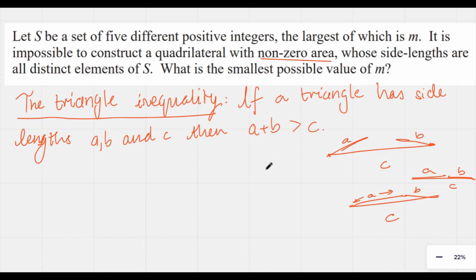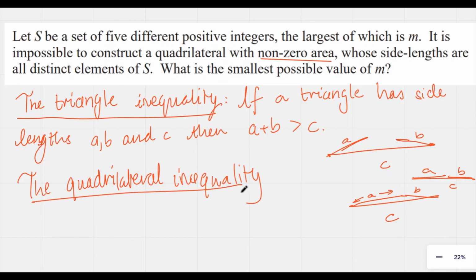But now what we're going to introduce is what I'm going to call the quadrilateral inequality, which is basically the same thing, but for quadrilaterals. So if we have a quadrilateral with side lengths A, B, C, and D, then I must have that A plus B plus C is bigger than D. And this is for the exact same reason. Again, if one of A, B, and C is one of the longest sides of my quadrilateral, then this is automatically true.